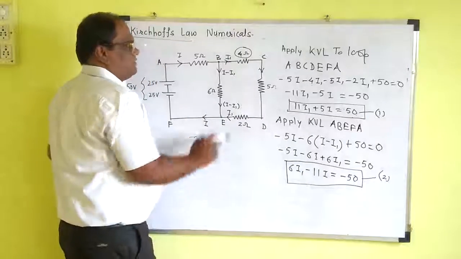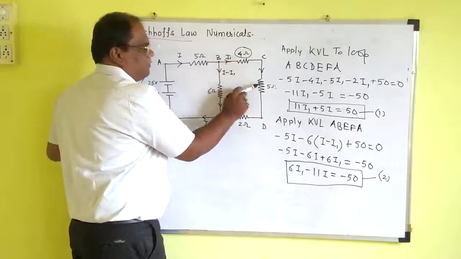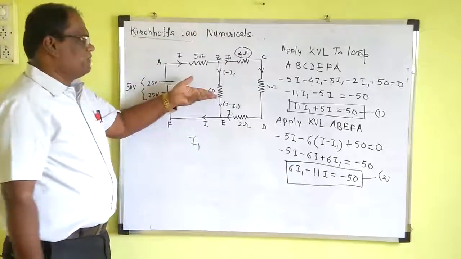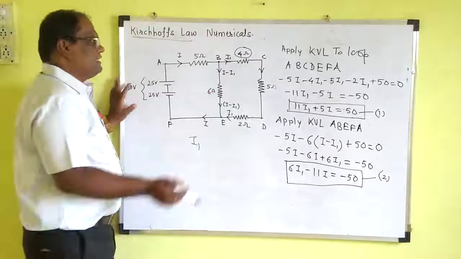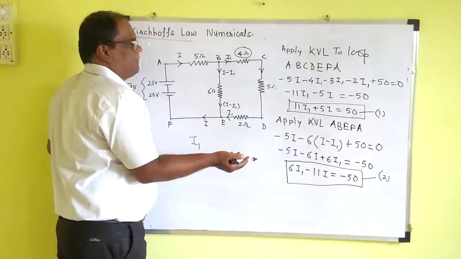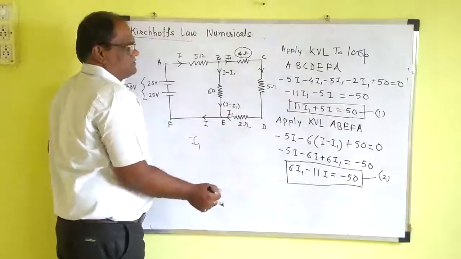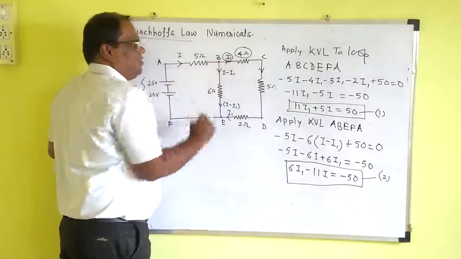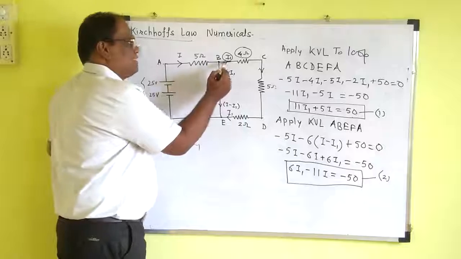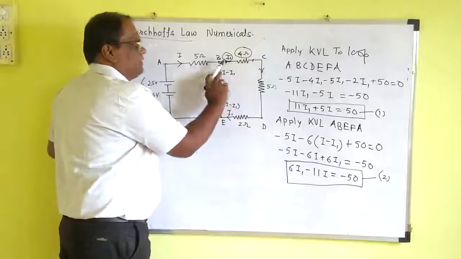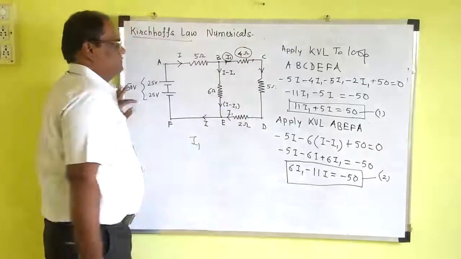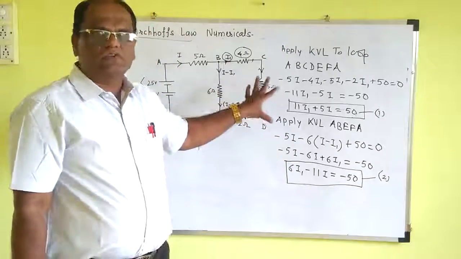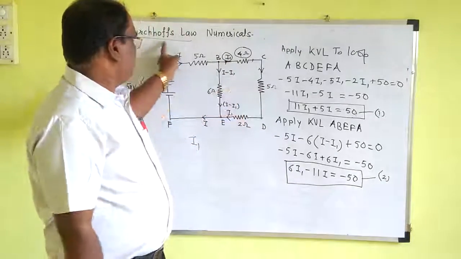The same current flows through the 4 ohm, 5 ohm and 2 ohm resistances. Sometimes a question may be asked to determine the potential difference across any resistance. Thus, once you know the value of I1, then you can easily determine the potential difference across any resistor. These are some numericals which are based on Kirchhoff's law.